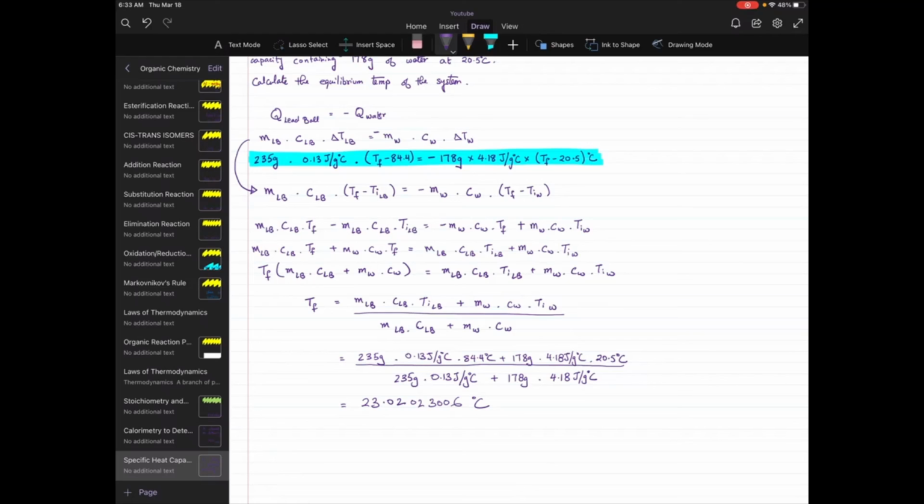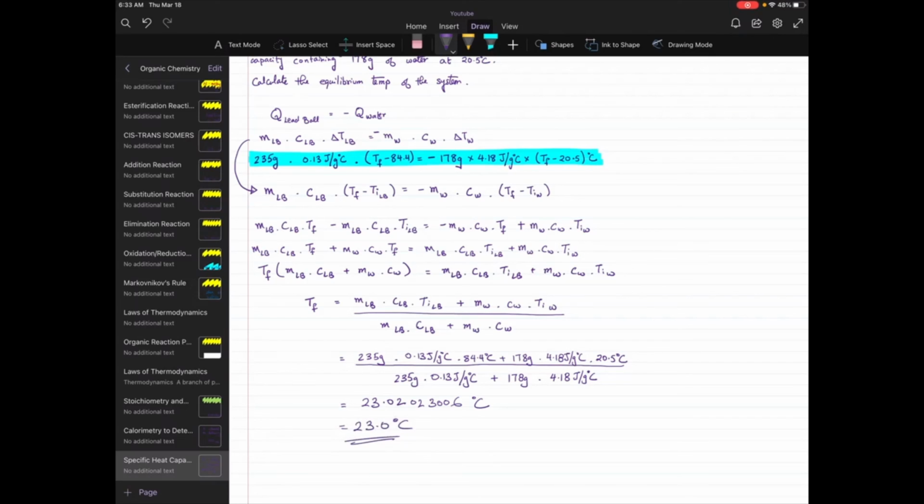And again, looking at significant figures, since most of the work was in 2 decimal places, significant figures, again, I'm not checking there, so it should be 23.0 degrees Celsius.